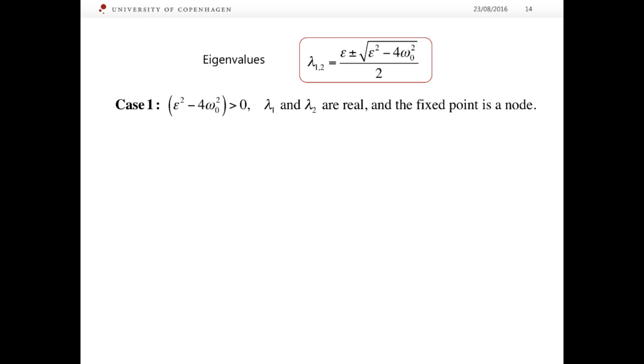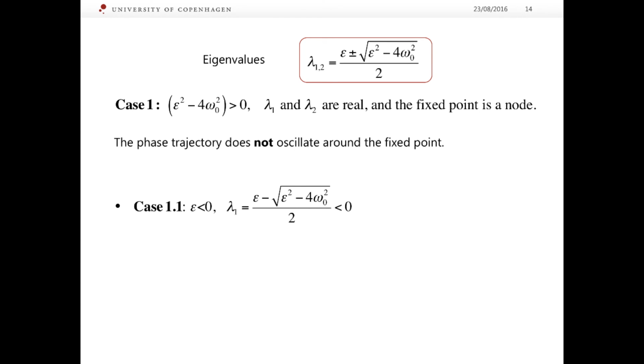This means that both eigenvalues are going to be real. In that case, the respective fixed point is going to be a node. Stable or unstable, we will find out. If it is a node, it means that the phase trajectory that starts near the fixed point does not oscillate, and it will not be spiraling around the fixed point, so it will be going towards the fixed point or away from it in a non-oscillating manner.